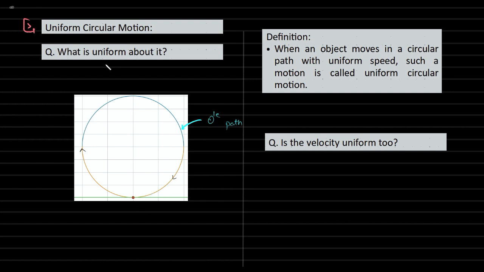Now, what is uniform about a uniform circular motion? Say we have a start point, this point, and at this point, say we see a particular car. So we see that car at 3 o'clock and again at 3:20.